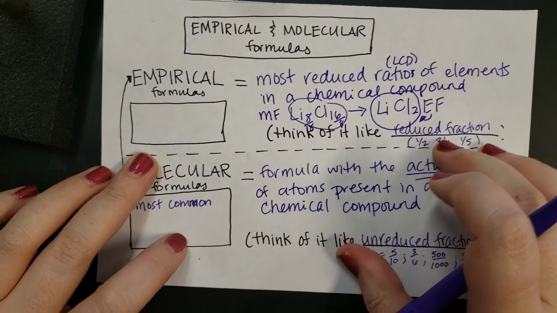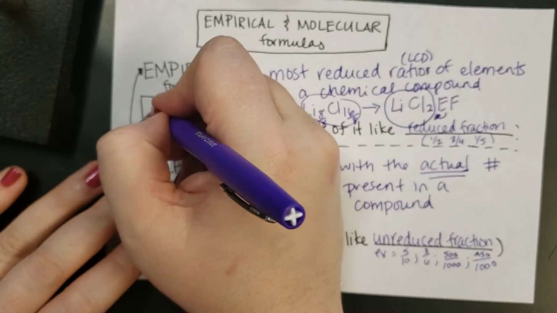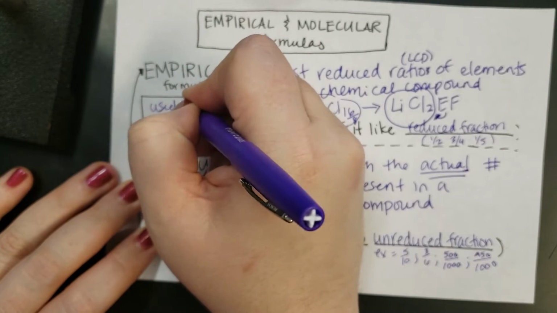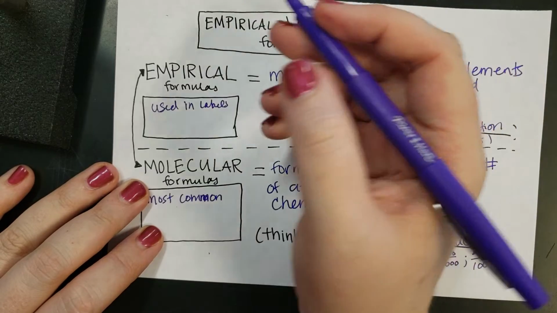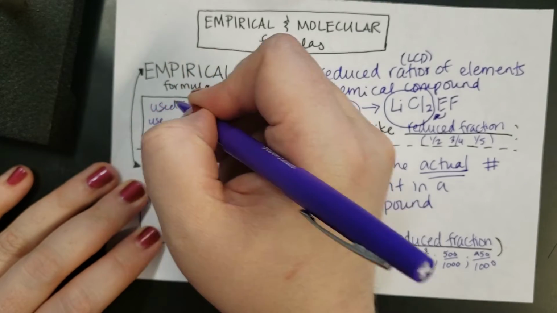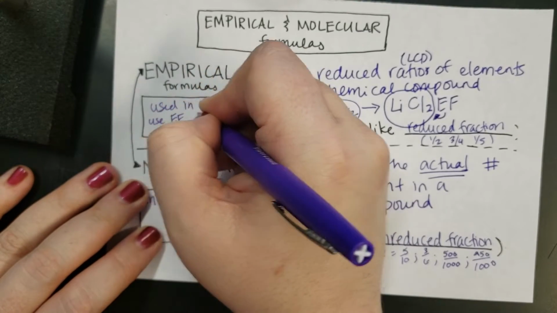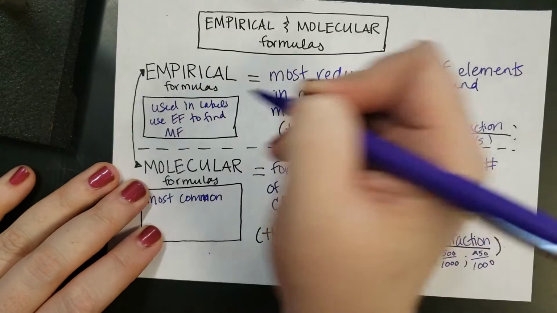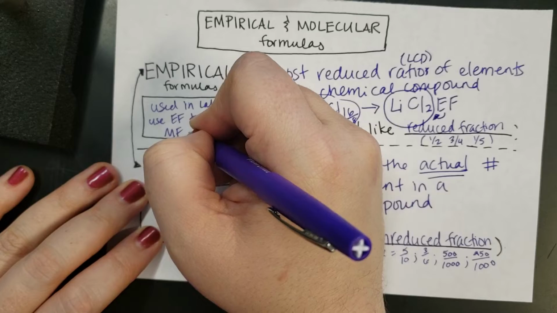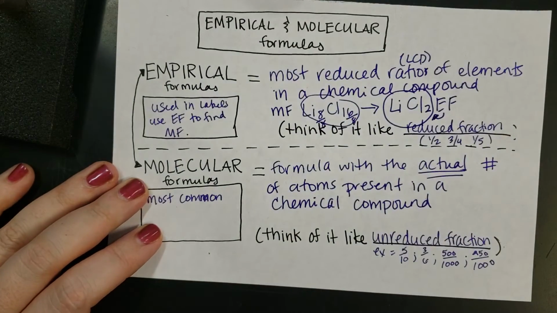Empirical formulas are used a lot in labels and for easier math. And you can use an empirical formula to find the molecular formula by doing some math.